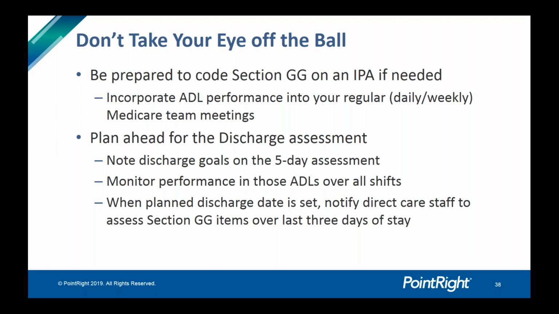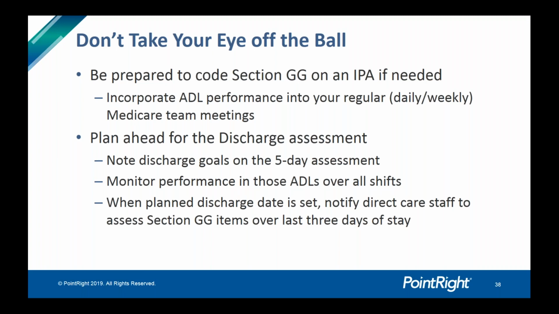If it's a planned discharge, you're going to need to do Section GG all over again. You start on the day of admission with those discharge goals on the 5-day MDS, so you want to make sure that those goals are appropriate. Those specific ADLs, of course, you want to monitor over all shifts so that the resident has the best chance of achieving those goals.